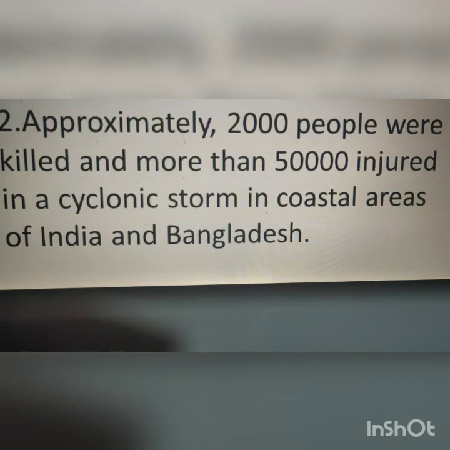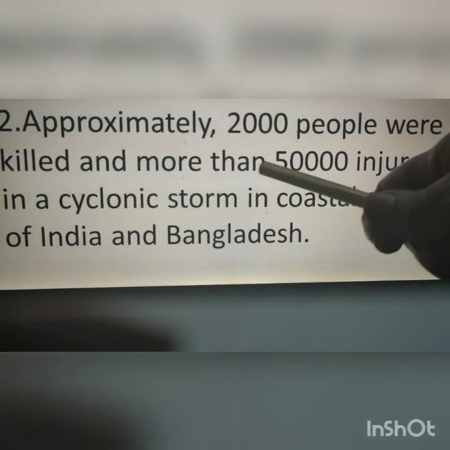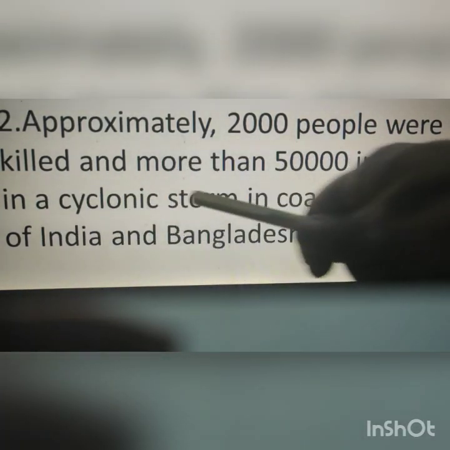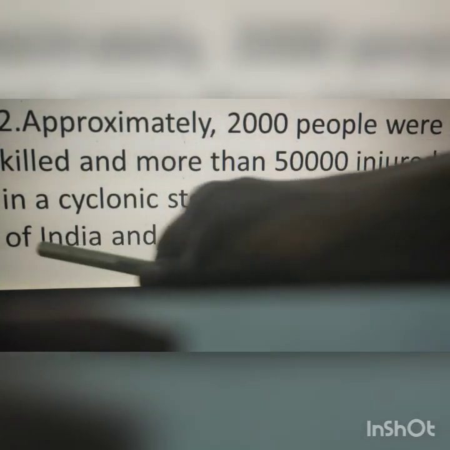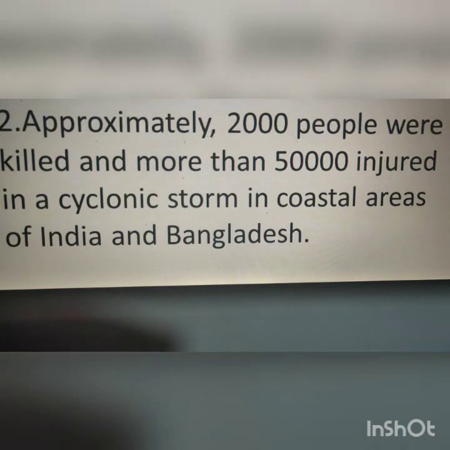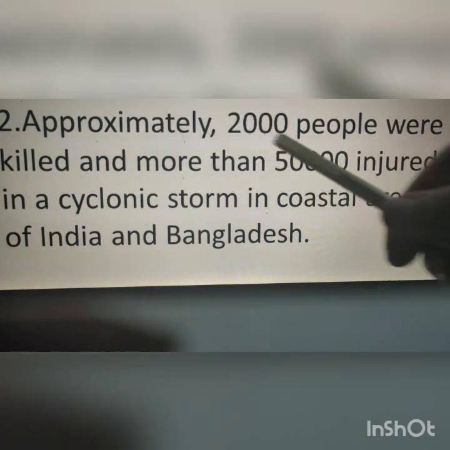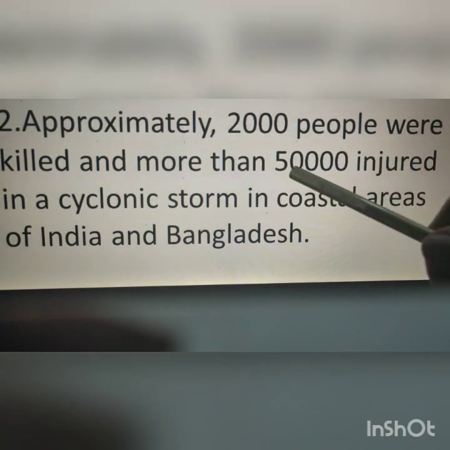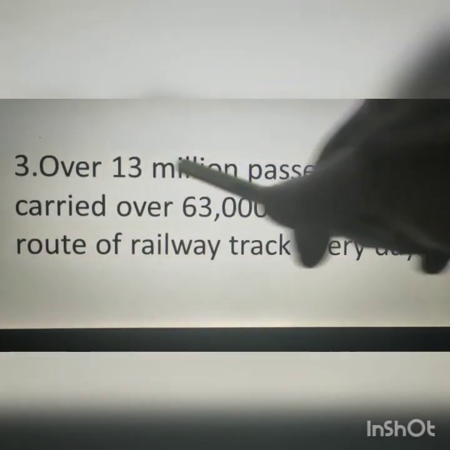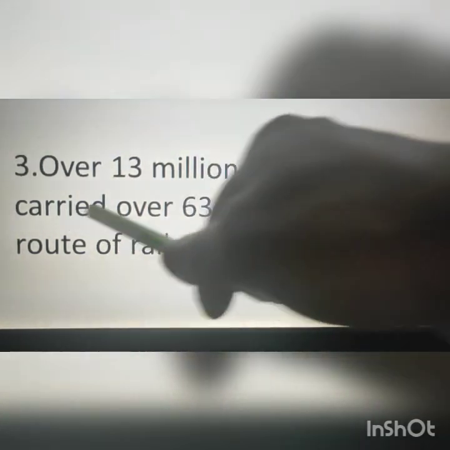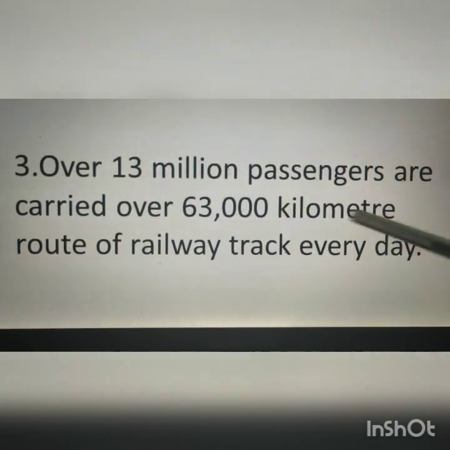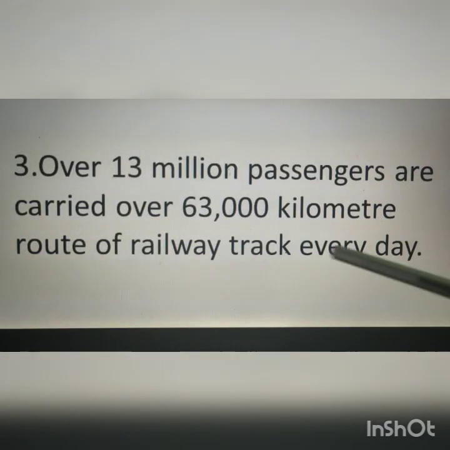Second example, approximately 2,000 people were killed and more than 50,000 injured in a cyclonic storm in coastal areas of India and Bangladesh. Here also an approximate count is given, not the exact count. Next, over 13 million passengers are carried over a 63,000 kilometer route of railway track every day.